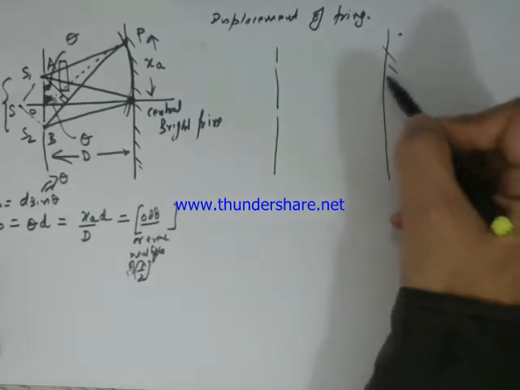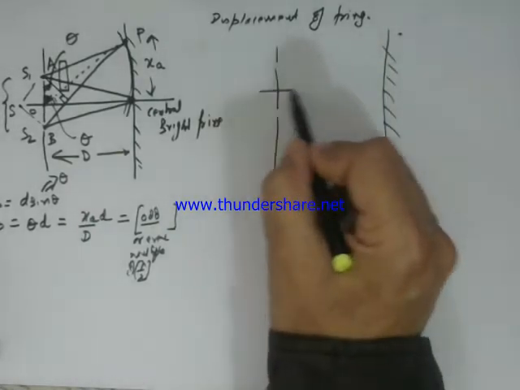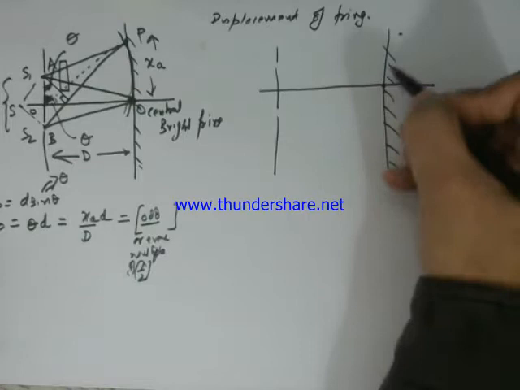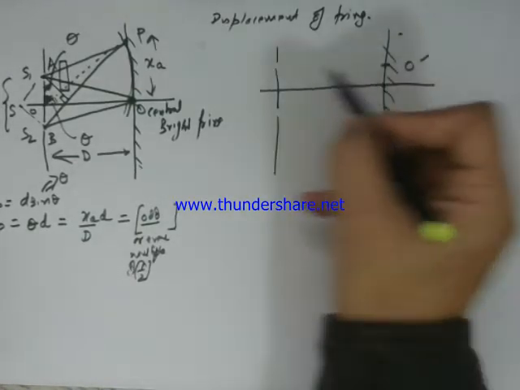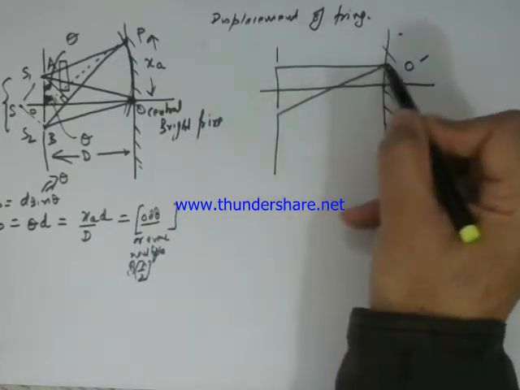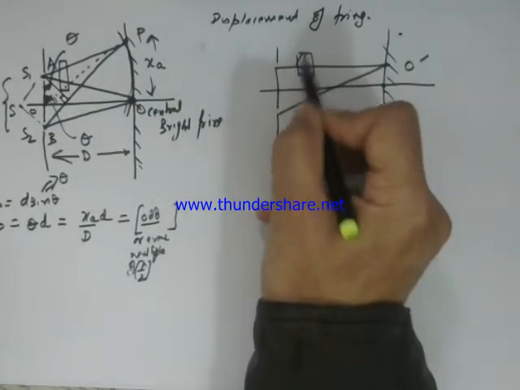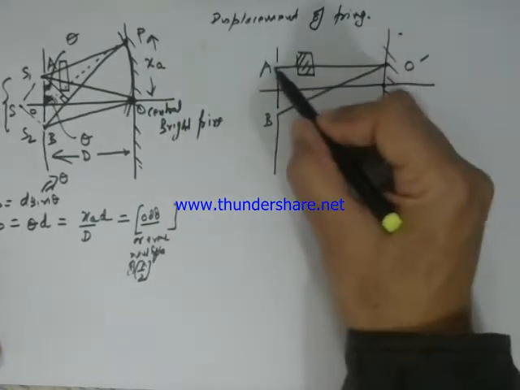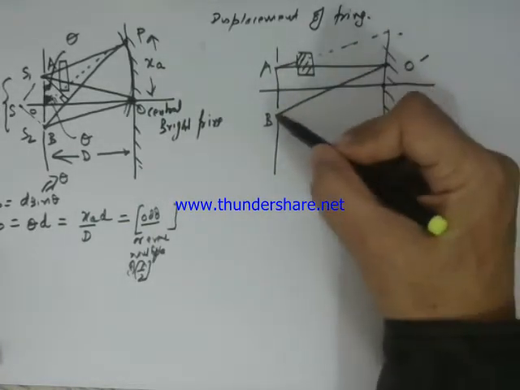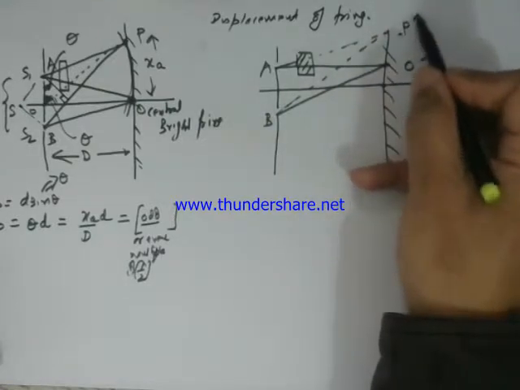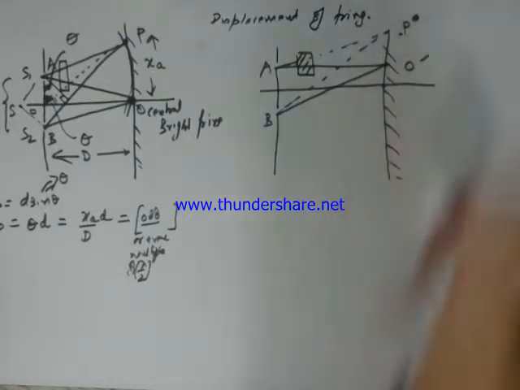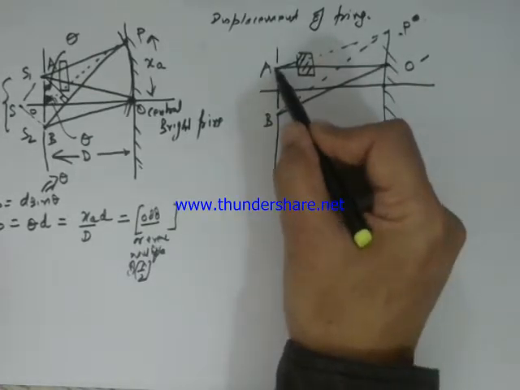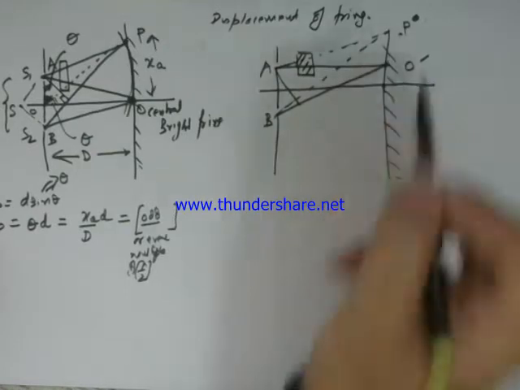Now what will happen because of the placement of the slab is, let us consider shifting of this O fringe at the O point to a new point O dash, and let this be going like this, where this is the slab between the path of A and O dash, and I can draw another point which can be P dash, or let it be at the same place as P. Now what is the path difference between BO dash and AO dash?